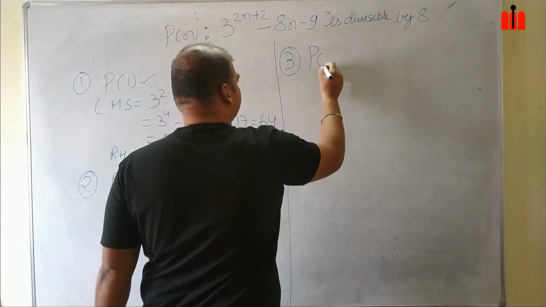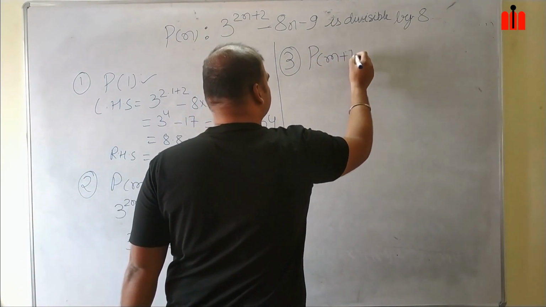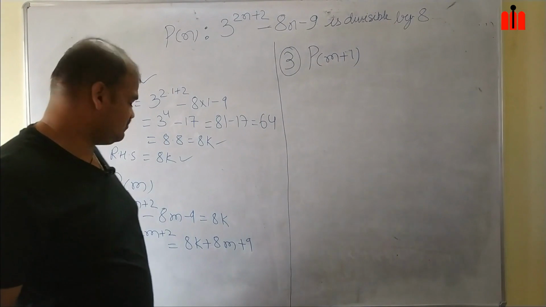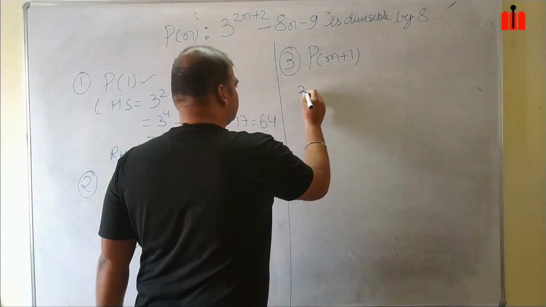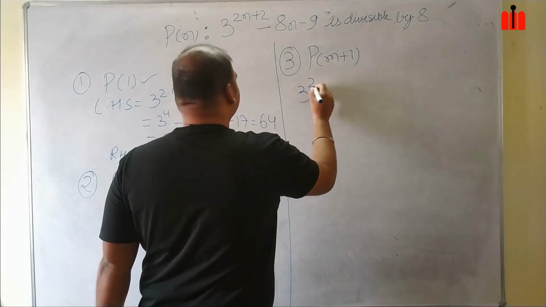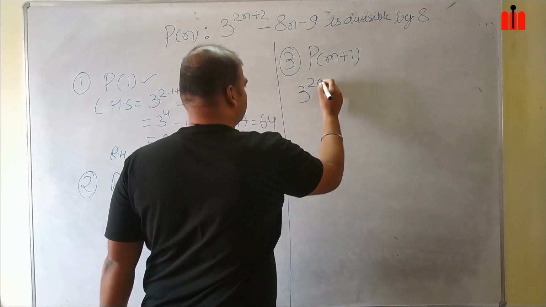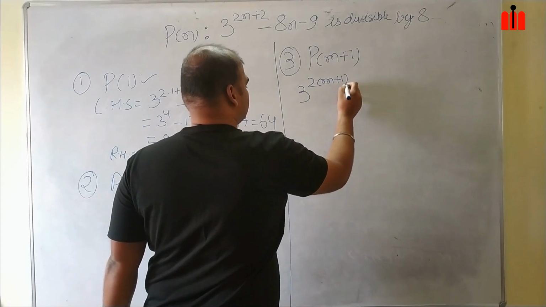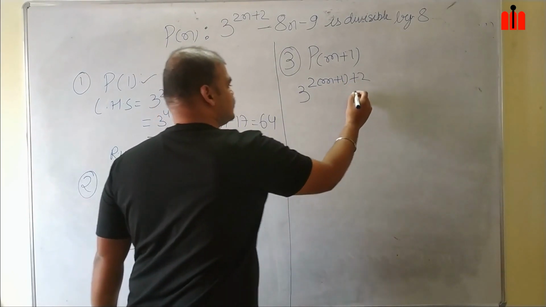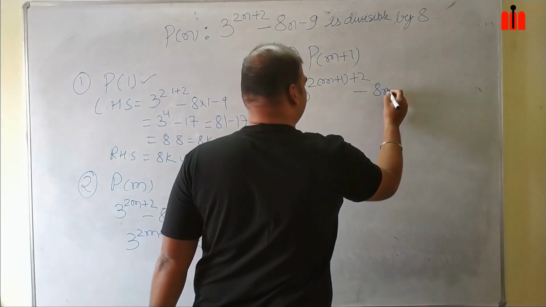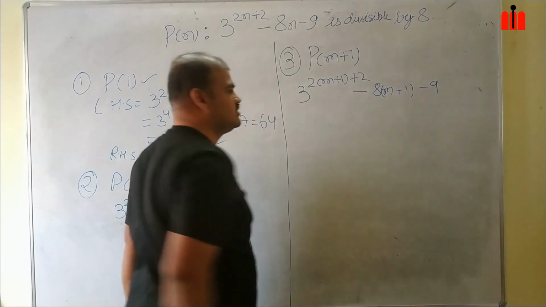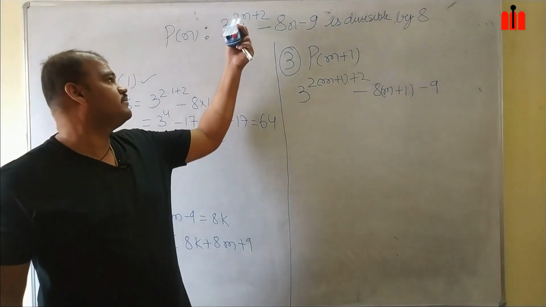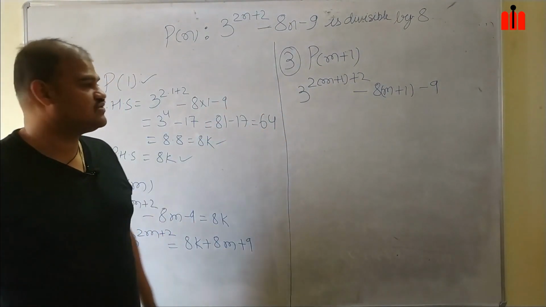My P of m plus 1 statement. So my P of m plus 1 statement will be 3 to the power of, in place of n I will substitute m plus 1, plus 2 minus 8 into m plus 1 minus 9. So what I had done, in place of n I had substituted m plus 1.